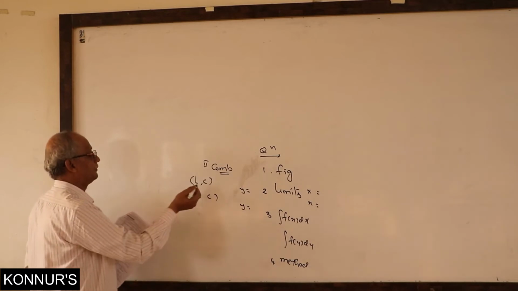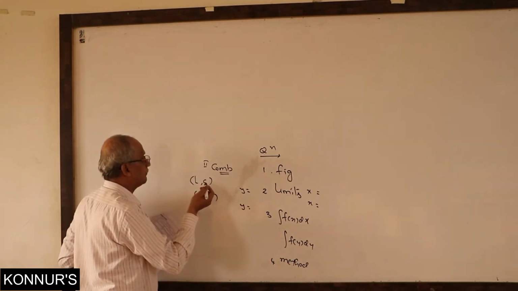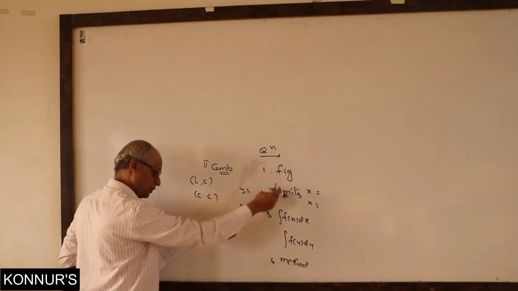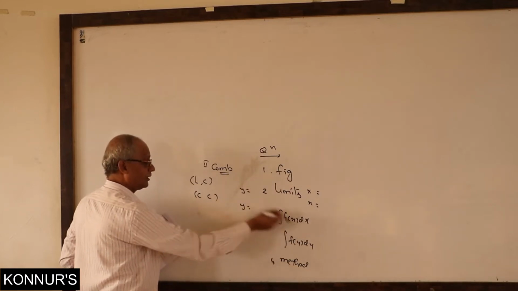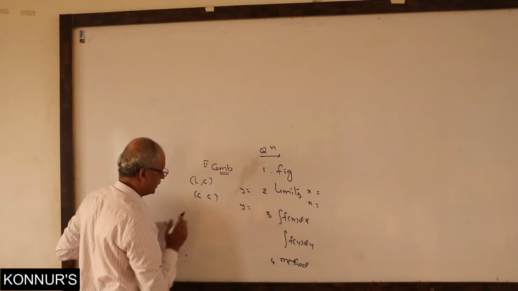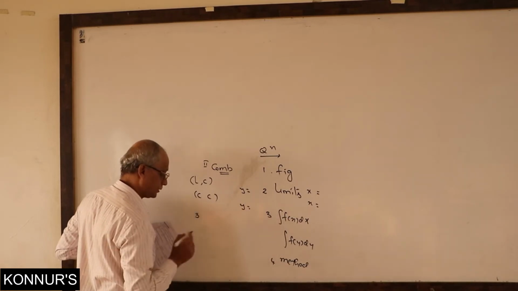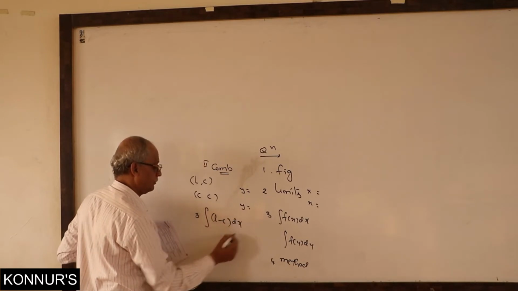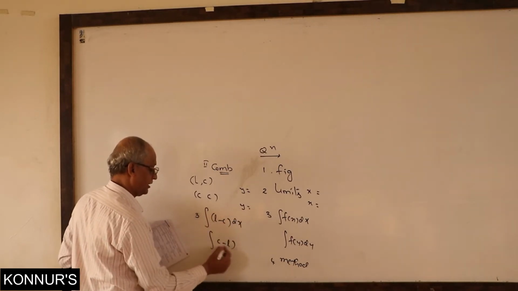Little bit difficult level. For that you try for a diagram, same steps. At the end, the principle of integration changes. What is the step 3 change here? Either line minus curve dx or curve minus line dx.